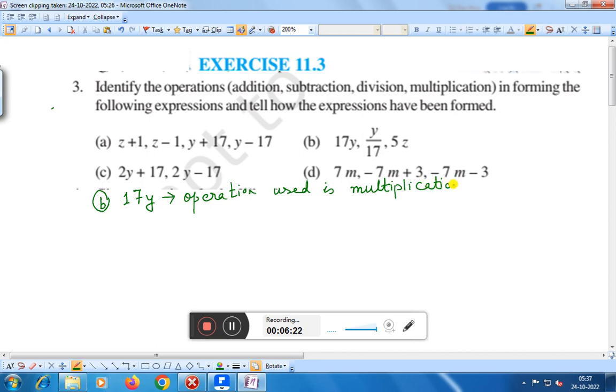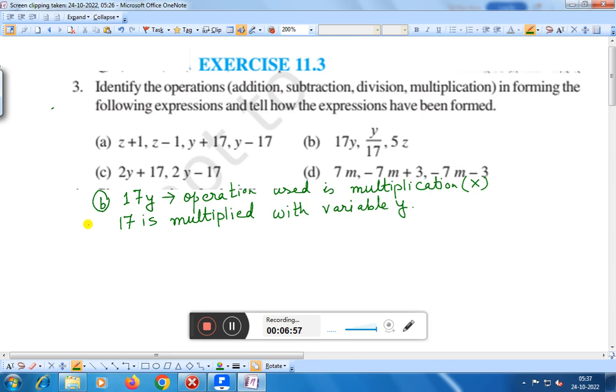That is multiply, right? And how is the expression formed? That is 17 is multiplied with variable y, right? This is one expression.